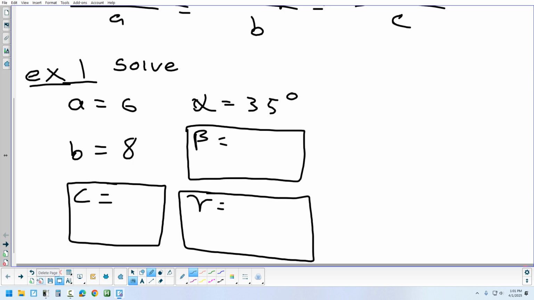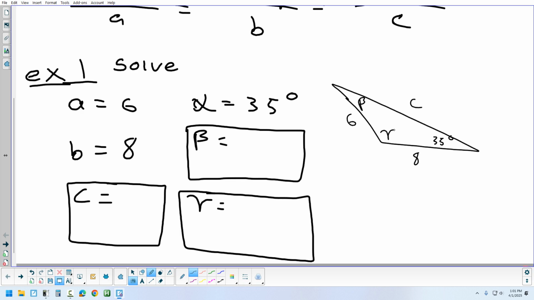Okay, what tells us here that this is law of sines without a picture? Two in the same row. Okay, if I make my sketch, I've got a side, I've got the angle across from it, I've got another side, but I don't know the angle across from it, and then I've got a third side and a third angle that I don't know.